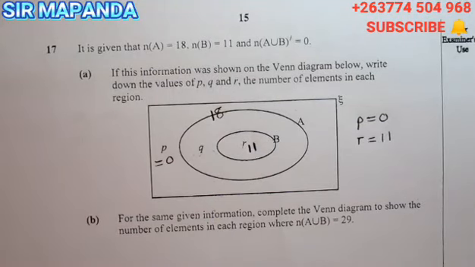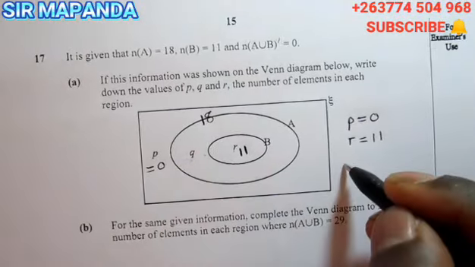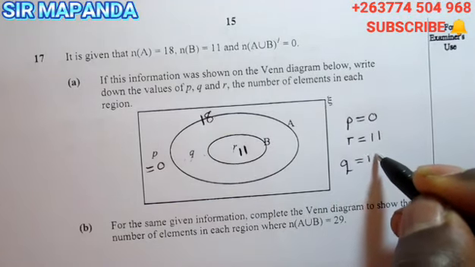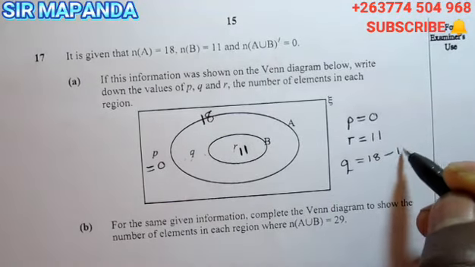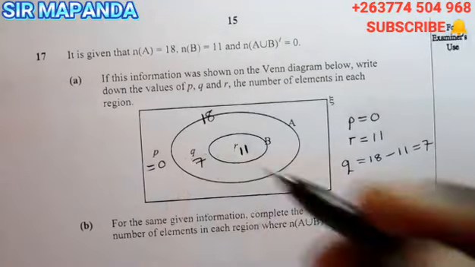So to find Q, it is now a matter of taking away 11 from 18. So Q is equal to 18 minus 11. You get 7. So we have 7 representing Q.